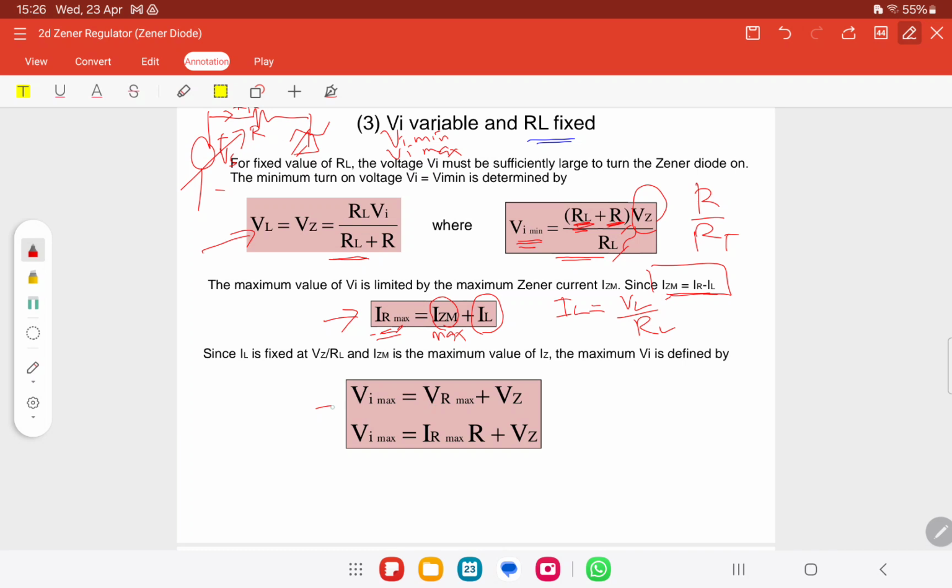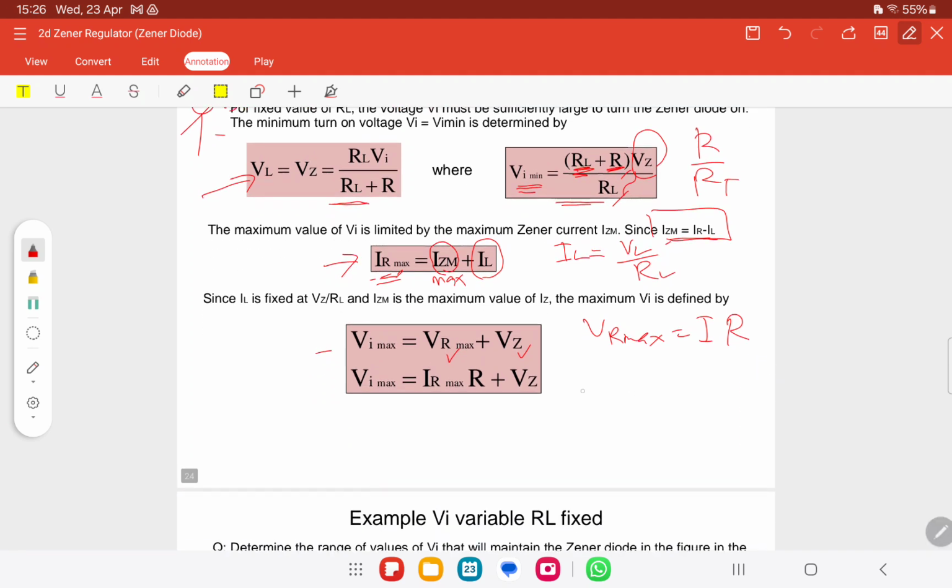So for this VI max, now we know this and we know this one. How to get the VR max? It is IR max multiplied by R. In this circuit, this is the supply, the resistor, the Zener, and this is the load resistor RL.